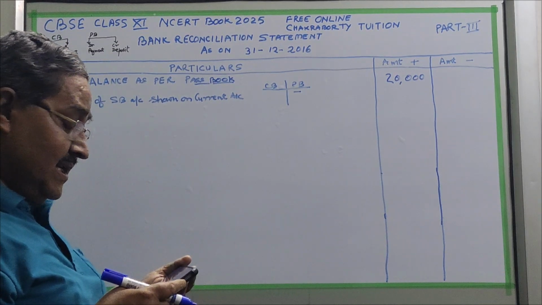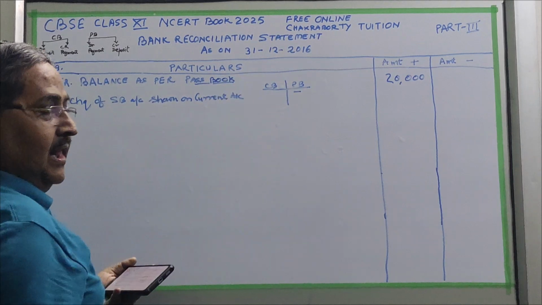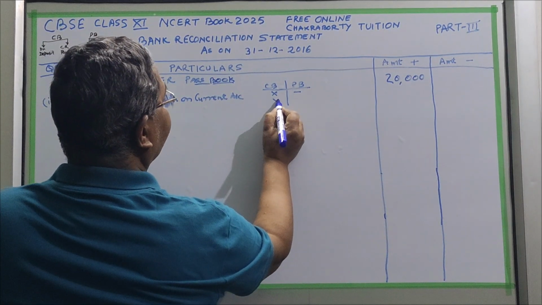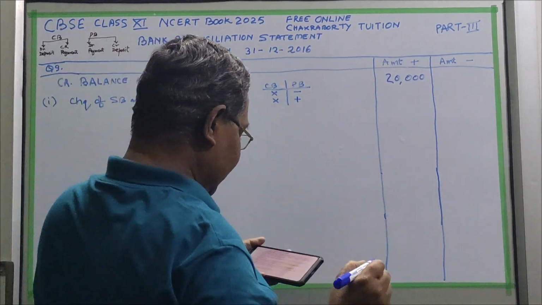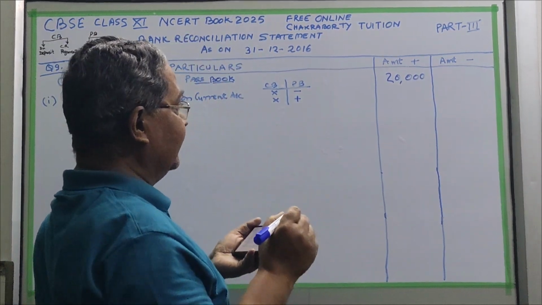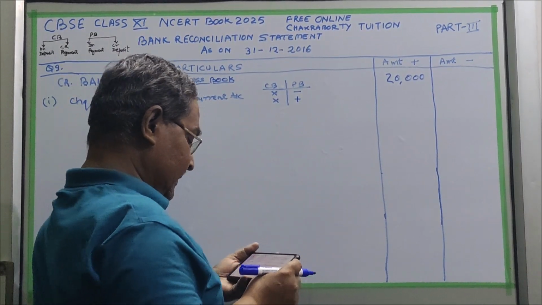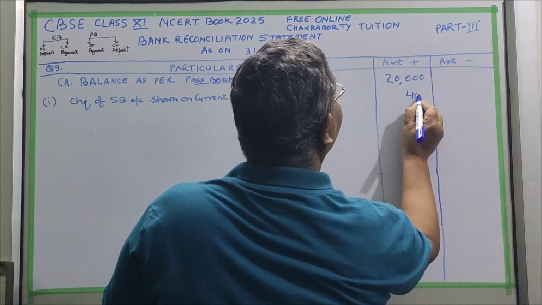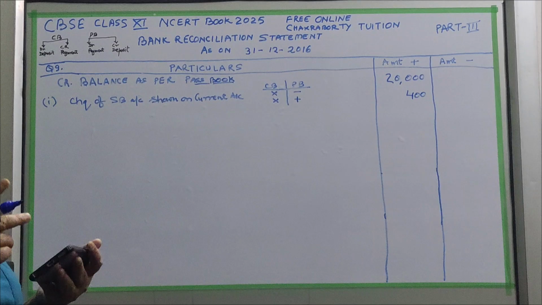So when it is written on his current account, that means in the passbook, but the businessman has not done it here, and his book we cannot touch. So what should the bank do? The bank should take it as a plus entry, so the 4,000 will come to the plus side, because the bank has made an erroneous entry.